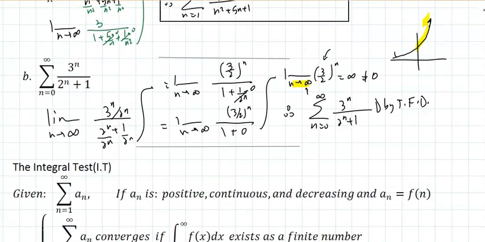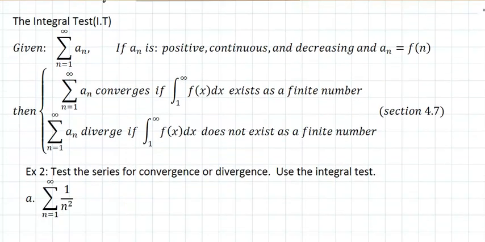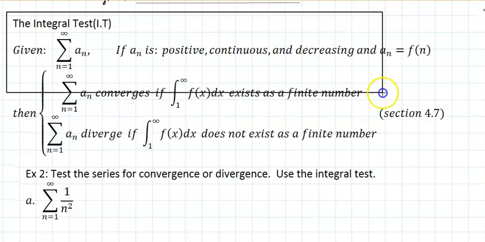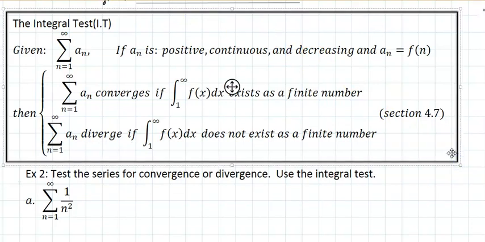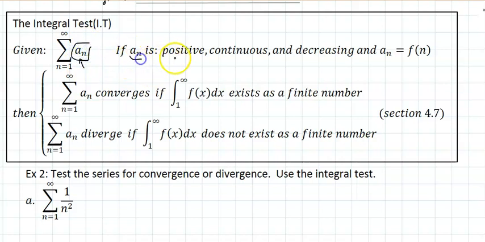Okay, now this section is a bit lengthy, so I'm breaking this into two lessons. One part is going to be mushed together with 10.1 and the other will be the remainder of 10.2. We have the integral test. Given an infinite series of a sub n, if a sub n happens to be positive, continuous, and decreasing, we let a sub n equal f of n.